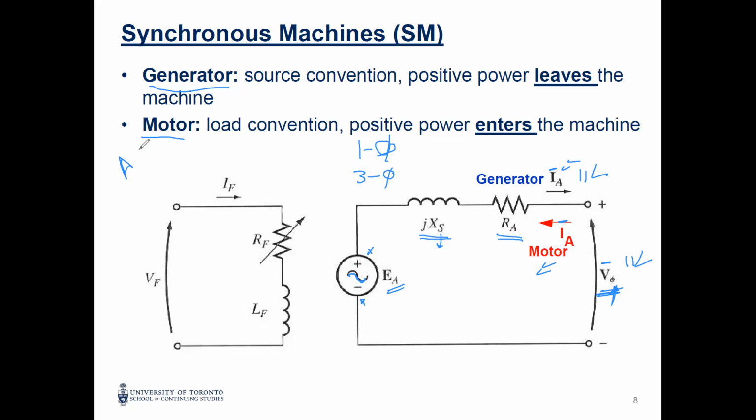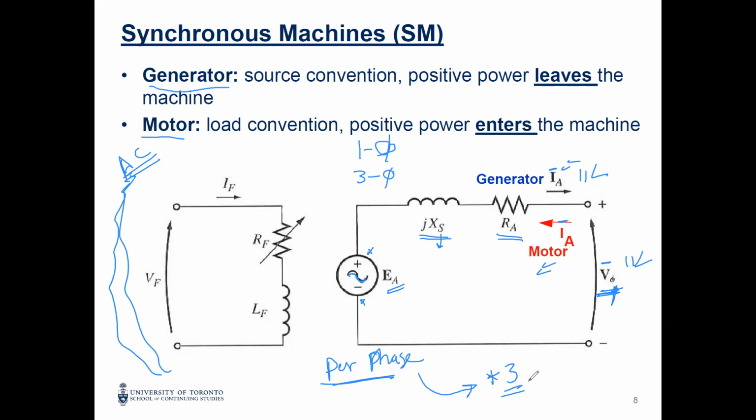This is an AC machine, as we said, and all of this is the per phase equivalent circuit. Synchronous machines are always 3-phase, so you can solve per phase, and then if you need something, you have to multiply by 3, for example the powers. For the currents and voltages, make sure to multiply by square root 3 if needed.